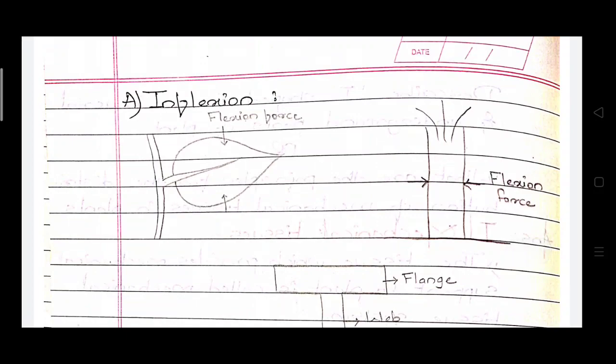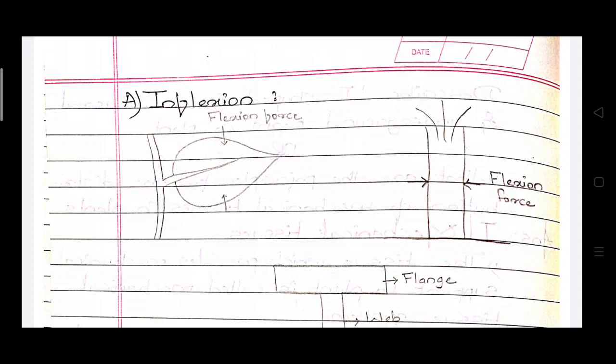In inflexion, the example is the leaf. So how is the mechanical tissue system present in the leaf? On both sides, you have to see this arrow. This arrow represents the flexion force, acting on both opposite sides.